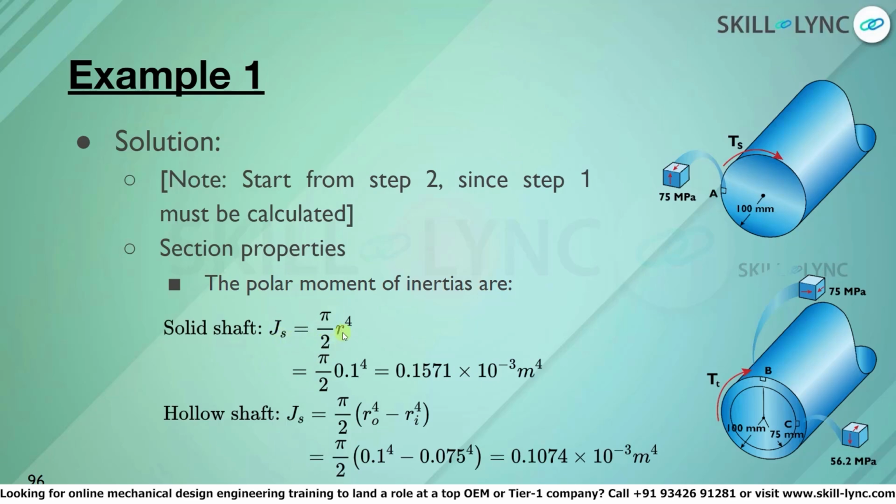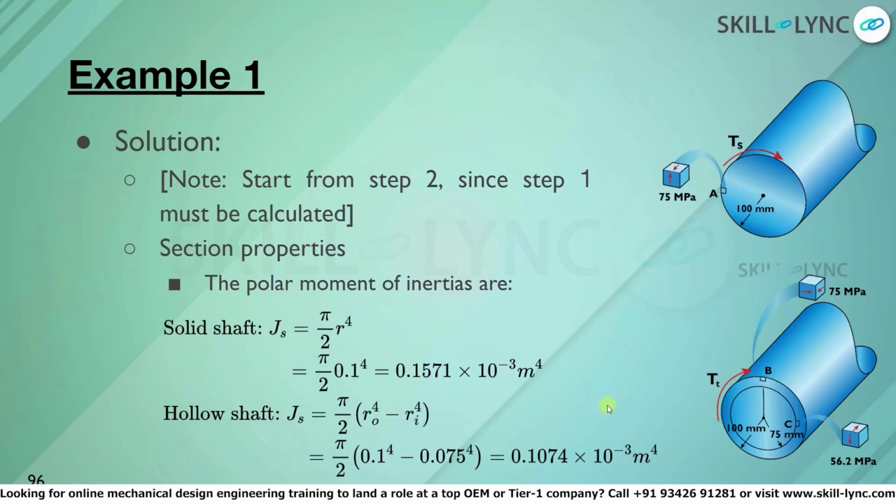Here J_s is equal to pi by 2 r to the power 4 from the formula, and in the same way for the hollow shaft it is pi by 2 into (r_o to the power 4 minus r_i to the power 4). The polar moment of inertia for the solid shaft, after simplifying the values in the formula, is 0.1571 into 10 to the power minus 3 meter to the power 4.